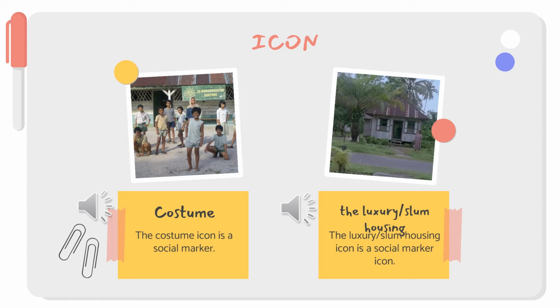The second is costume. The costume icon is a social marker. This icon is depicted from the costumes used by the characters in Laskar Pelangi. The costumes used by the figures who study at Muhammadiyah are simple, straightforward, and cheap. This can be seen from the use of words: sandals made of old tires, cheap plastic shoes. Worn clothes are markers of simple costumes.